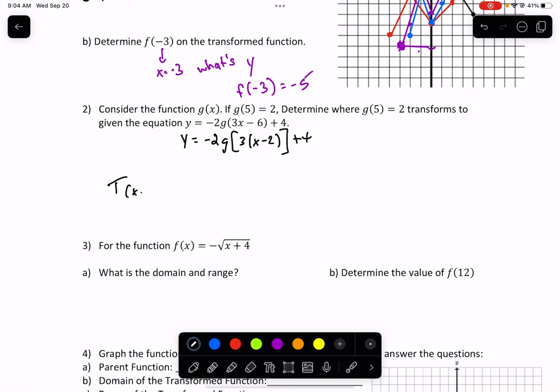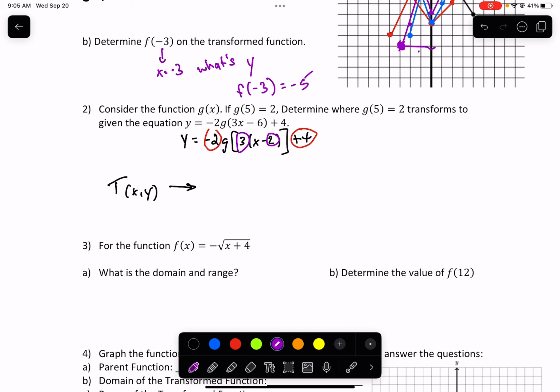So the mapping statement is what? Let's look at what's being affected. Everything on the outside, it's very clear what's on the outside. That's on the outside, that's on the outside, and then you have two components on the inside. Anything attached to the x, on the inside, is horizontal because it's closest to the x.